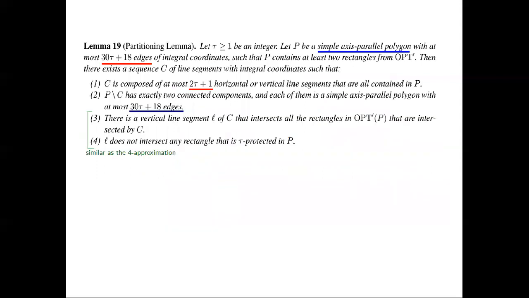So now that's the lemma to say how to partition, because I still didn't say how to partition. I don't want to enter into the details, but now we don't need to assume anymore that the polygon is orthogonally, horizontally convex.